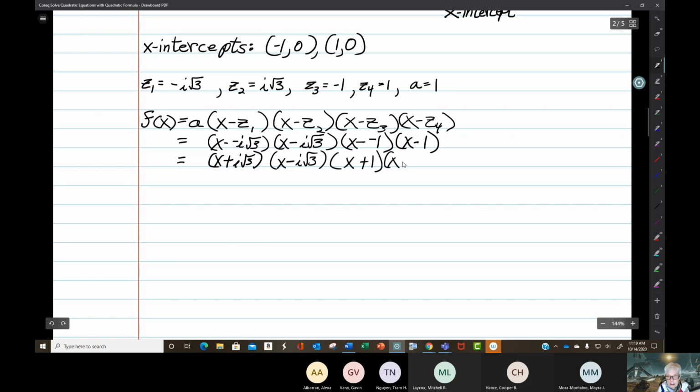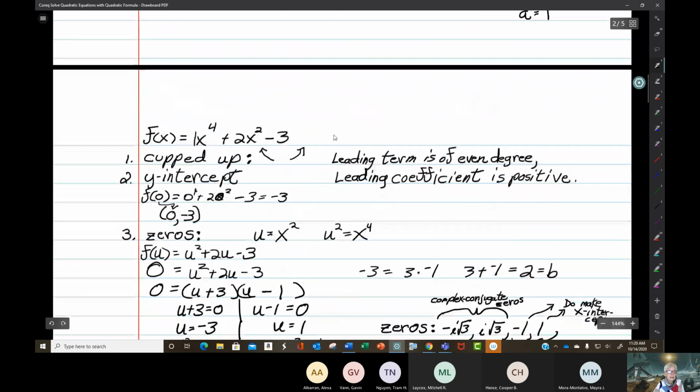And x minus 1. And that's what f of x equals. You could multiply all these back together if you cared to, and you would get f of x equals x to the 4th plus 2x squared minus 3.